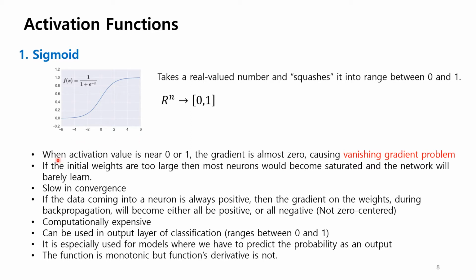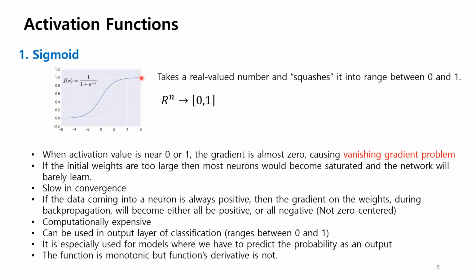So in the sigmoid function, when the output is near 0 and 1, around here, we use gradient descent. That means we use the derivative of this activation function, right? Then when the value is near 0 or 1, its derivative is very close to 0, okay?